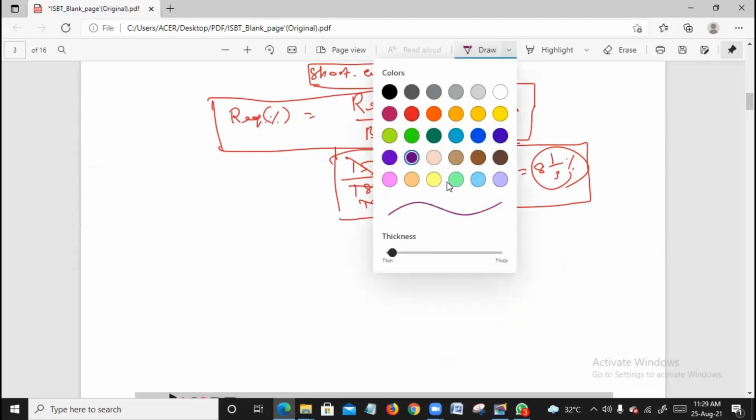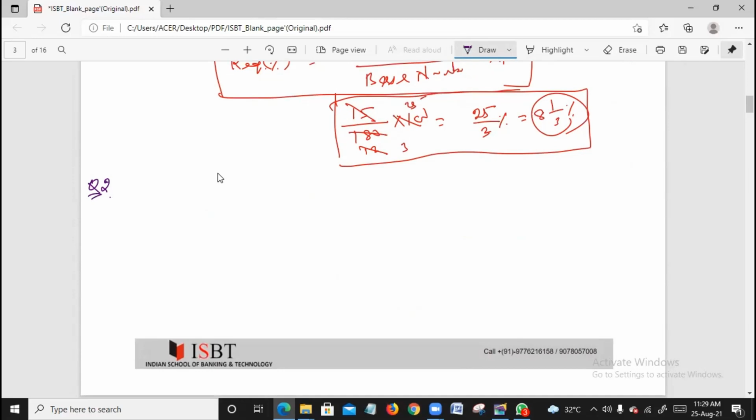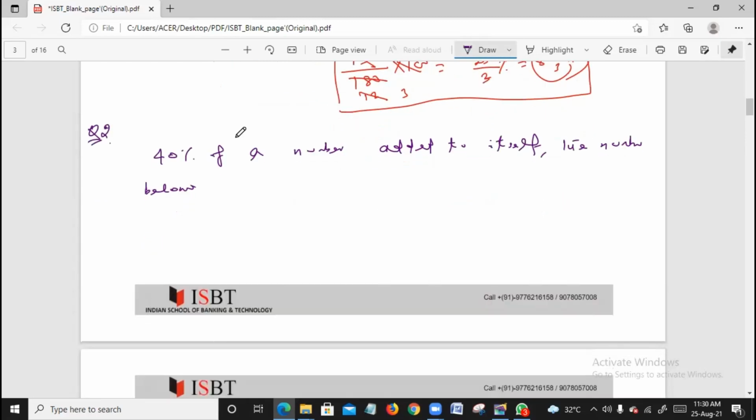Then come to question number 2. Question number 2, the second question of type 1. Suppose 40% of a number added to itself, the number became 3/4 of 1,600.